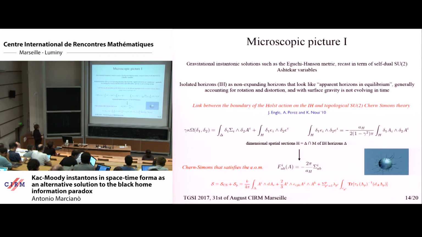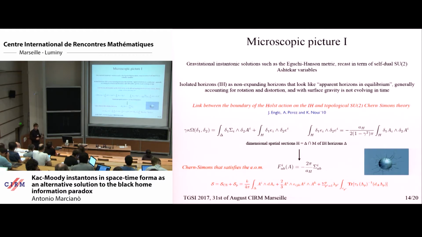On this isolated horizon, some very interesting things have been shown. Eventually they were able to show that the symplectic two form on them can be decomposed.